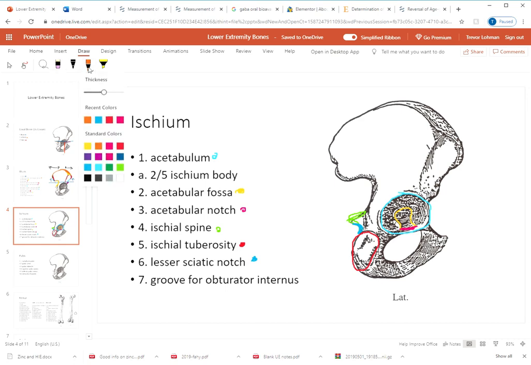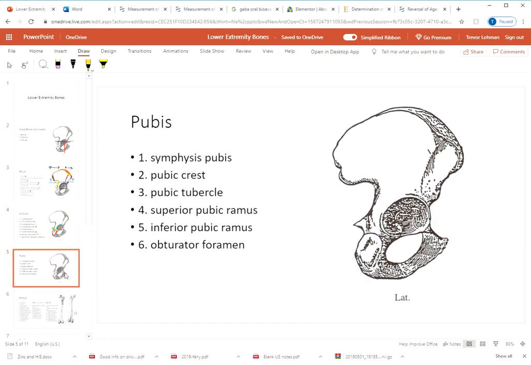It's called the groove for obturator internus. We'll do, I guess, yellow. This groove here is called the groove for obturator internus. There's a lot on these three bones. Hang with me, guys. So let's move on to the pubis.